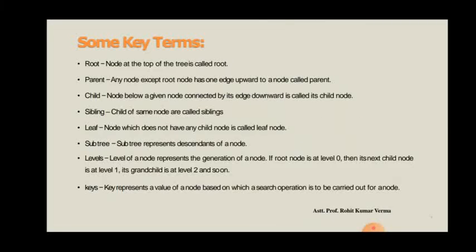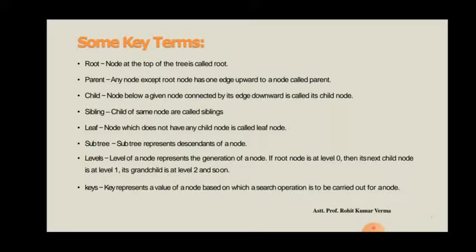Then level. The level of a node represents the generation of a node. If the root node is at level 0, then its child node is at level 1 and its grandchild is at level 2 and so on.